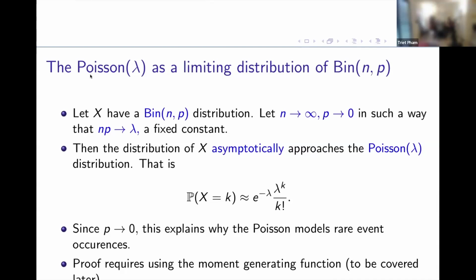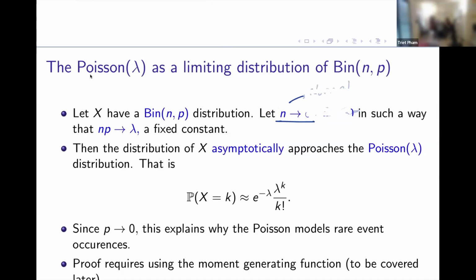So we let n go to infinity, but not only that, we let p go to 0. If you let n go to infinity alone, then the approximation will be the famous normal approximation of the binomial, which you have probably heard more often about. The Poisson approximation requires that p goes to 0.